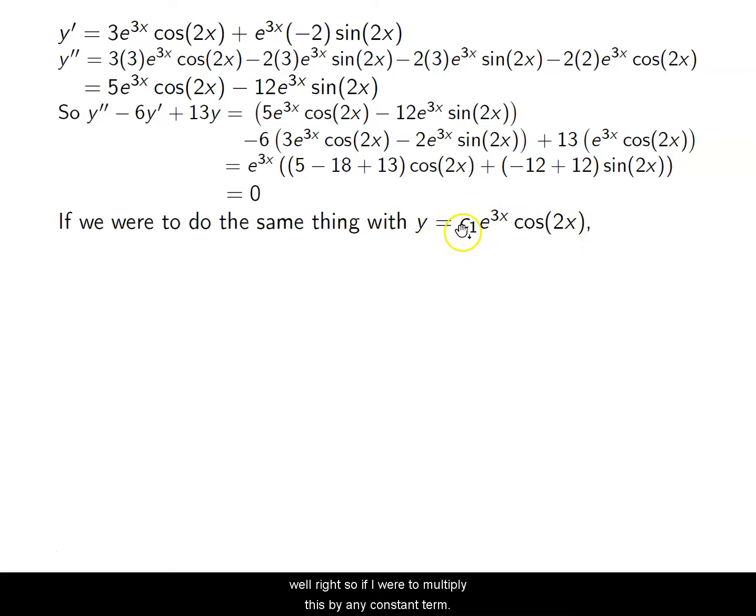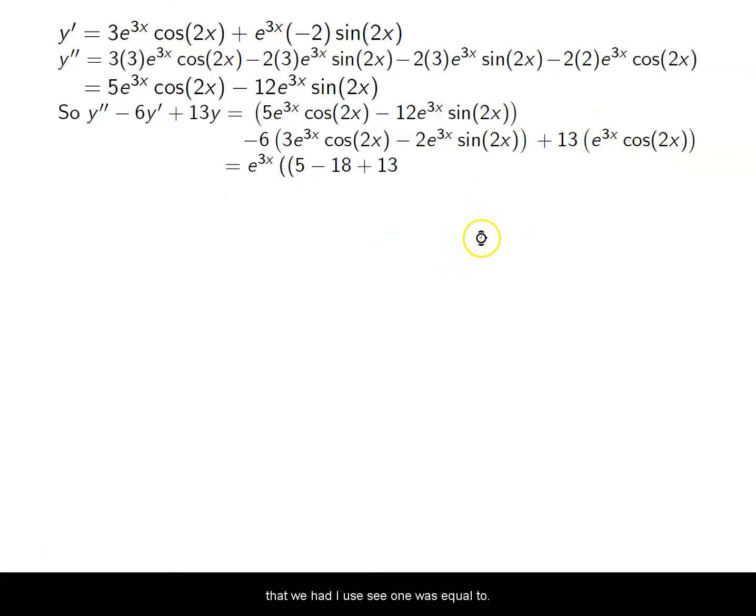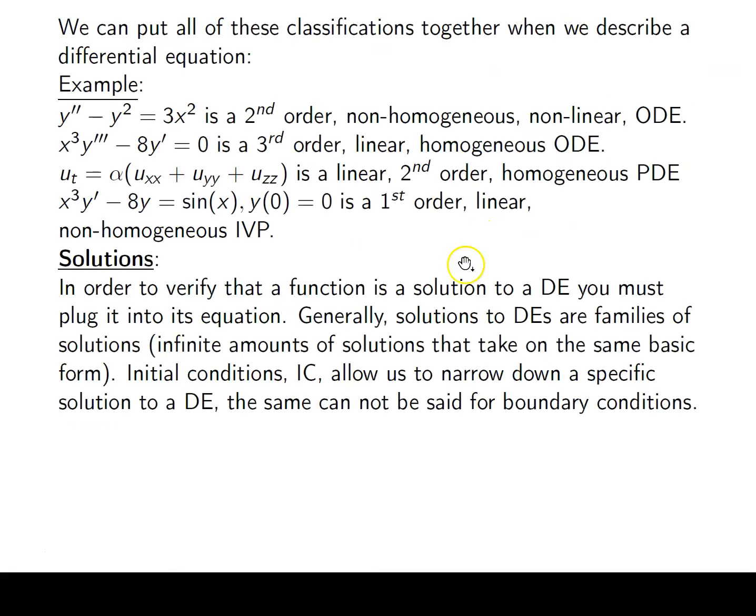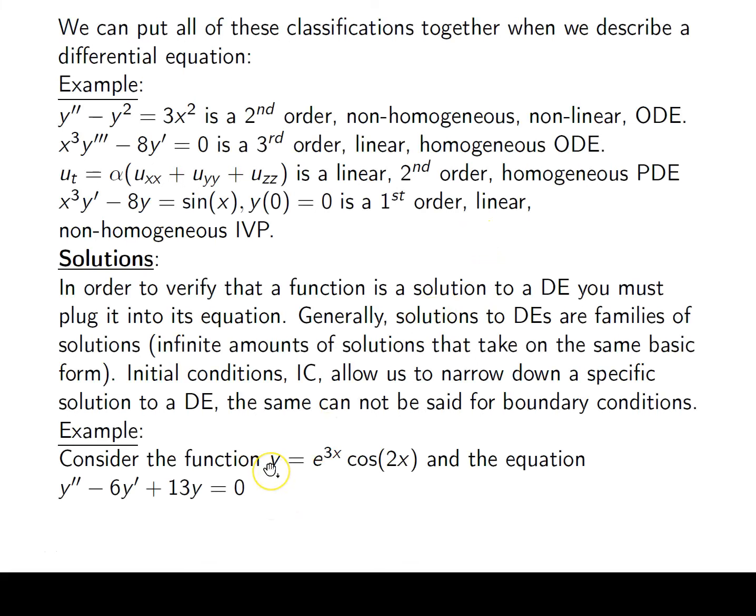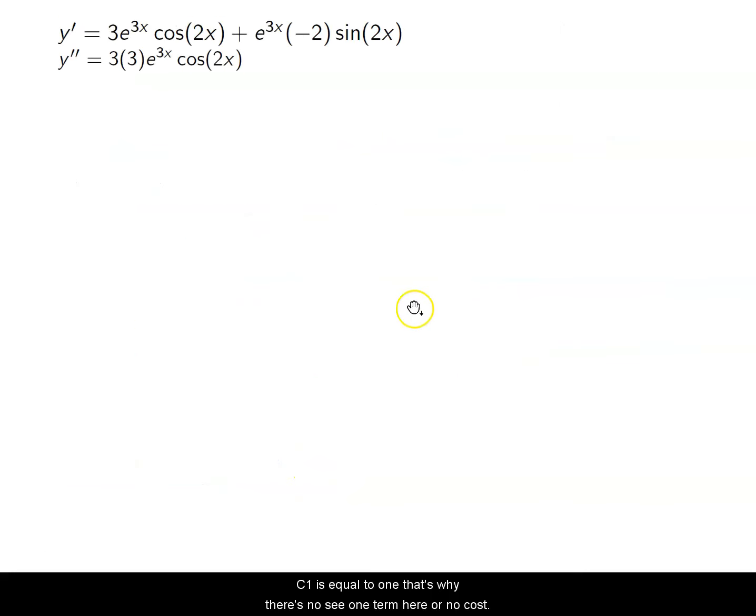If I were to multiply this by any constant, like negative 1/2 times pi times the square root of 2, and did the same thing to it, it should work. That's why this general form gives me a family of solutions, because there's an infinite number of possibilities for what this actual function could be. In the example we had, I used c1 equal to 1, and that's why there's no c1 term here, or no constant multiple.